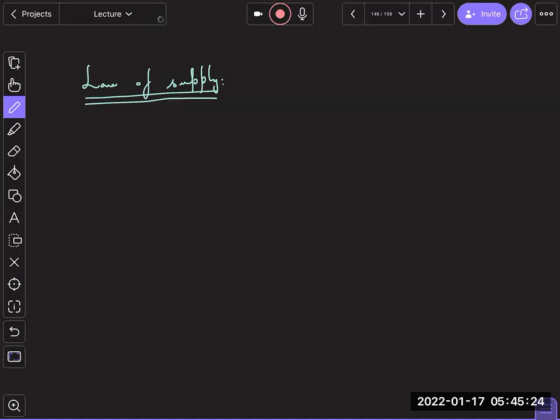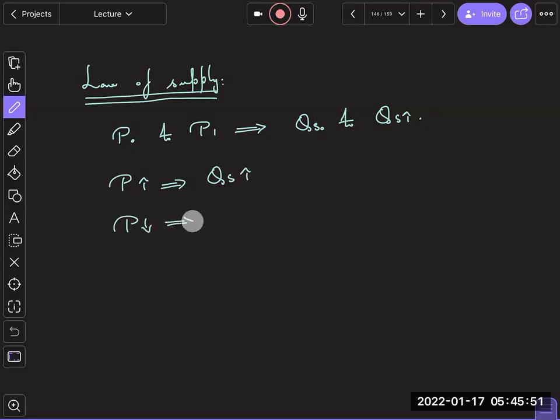As we have seen earlier, as the price increases from P naught to P1, quantity supplied increases from QS naught to QS1. So this positive relationship means if price goes up, then quantity supplied will increase, or if price goes down, then quantity supplied would fall. So this is the law of supply.